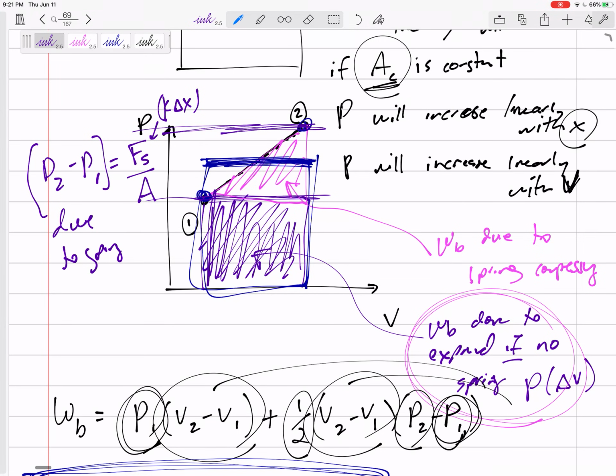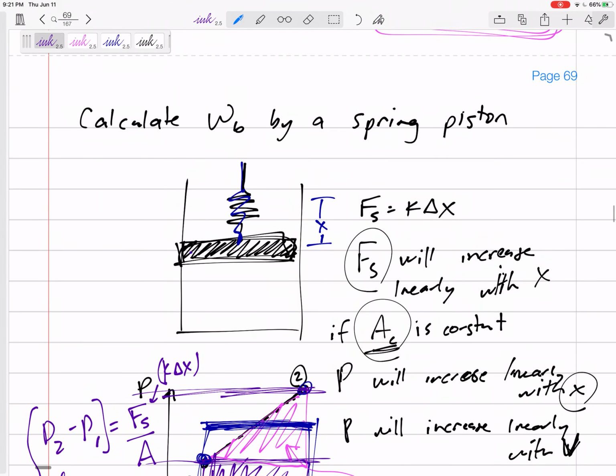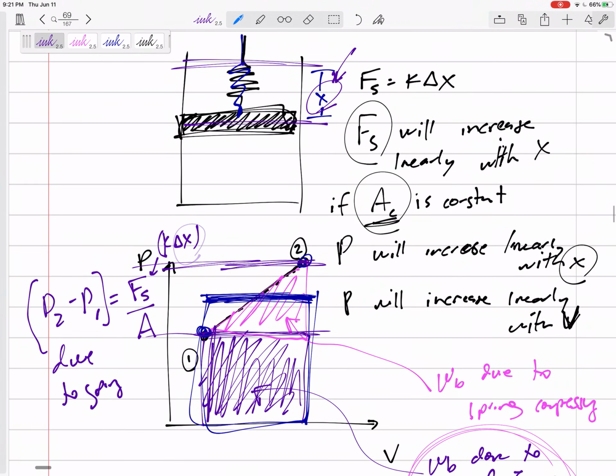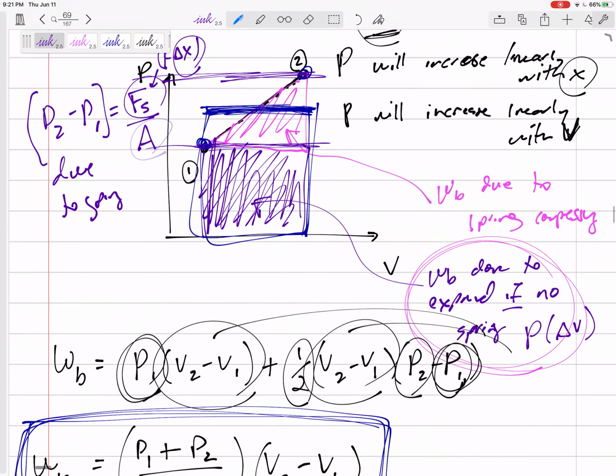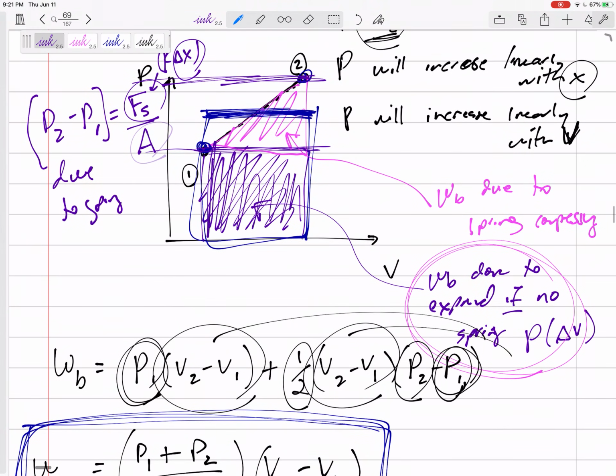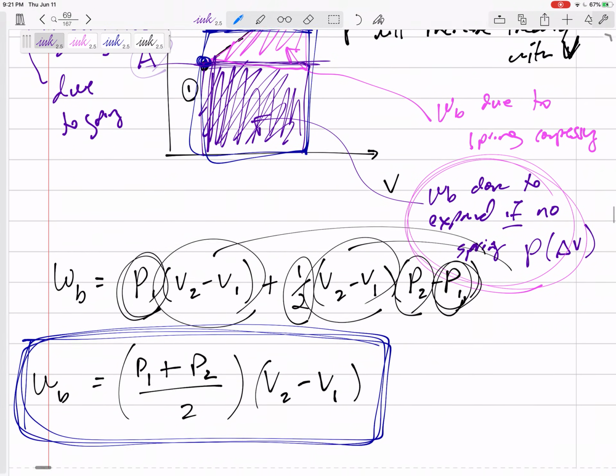So if you're told the spring constant, and you know the delta X that it moves, how can we find delta X? We might know delta X by knowing the delta V. If we know the delta V and the cross-sectional area, we can find the delta X. Delta X times K would be the force divided by the area. That would be P2 minus P1, the change in those pressures.